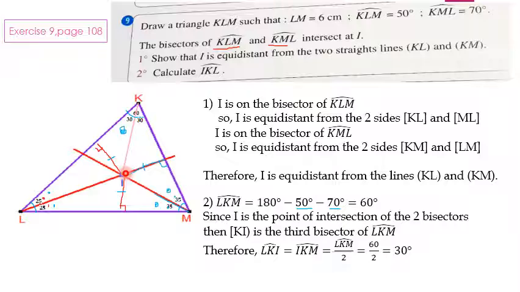So what do we mean by bisector? It divides the angle into two equal parts, and we said that LKM equals 60 degrees. Then what's the half of 60? It's 30 degrees. Then I can say that LKI equals IKM equals 60 over 2 equals 30 degrees.